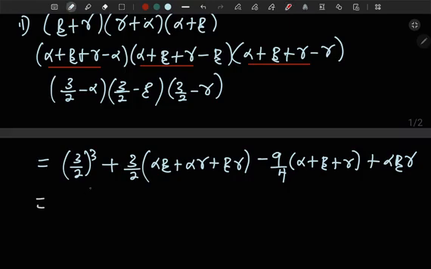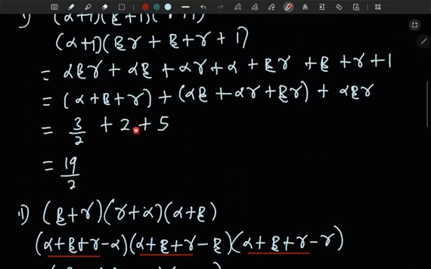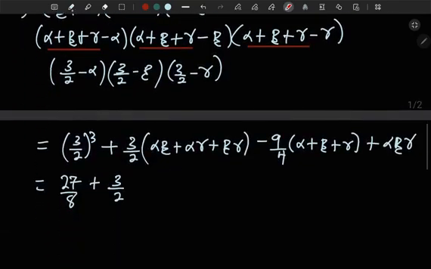Alright, so now let's proceed from here. This is 3 over 2 cubed, that's 27 over 8. Then plus 3 over 2 times the sum of the pairs, which we've gotten before to be 2. Then minus 9 over 4 times the sum of the roots, which we have to be 3 over 2.